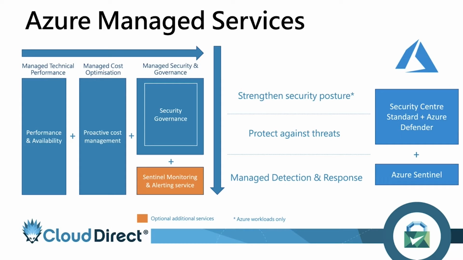Just a few basic examples: if you've got a test and development environment, you could have policies and governance in place that say those workloads are only up and running between working hours, so they're shut down during the evenings or weekends, again to save you some cost. So that's a cost element to that. And then in terms of performance, how things scale.